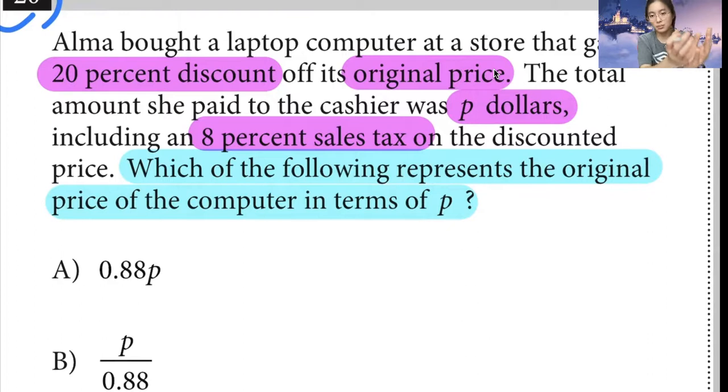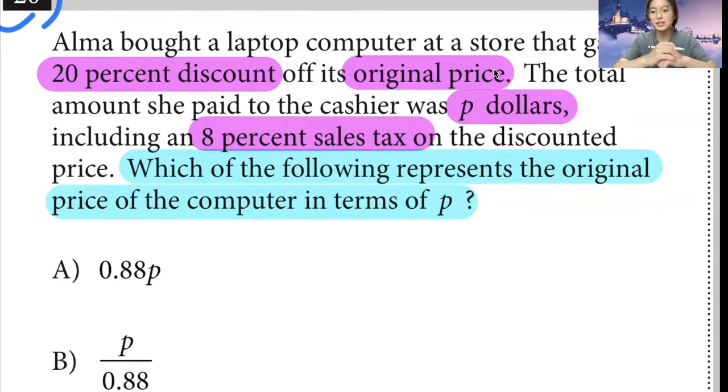this discounted price. So firstly, you subtract 20% off the original price, and then you add an additional 8% sales tax. The sales tax means something you add on to the price. So it's not like a discount. It's the opposite of a discount.